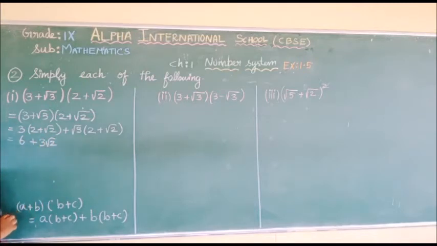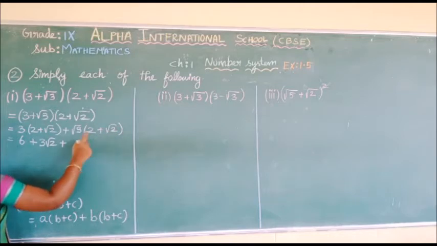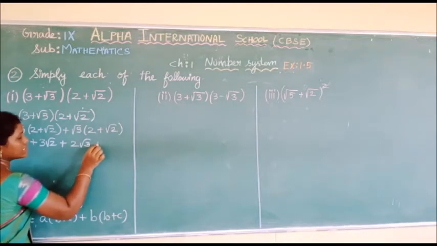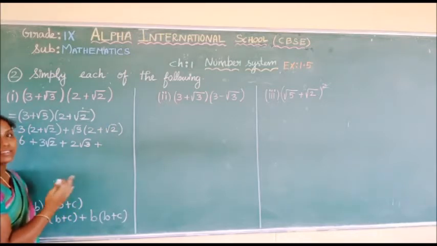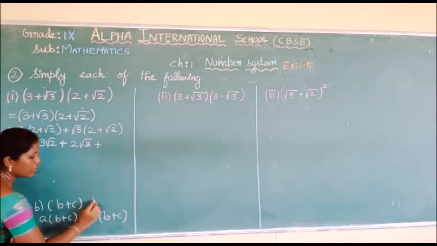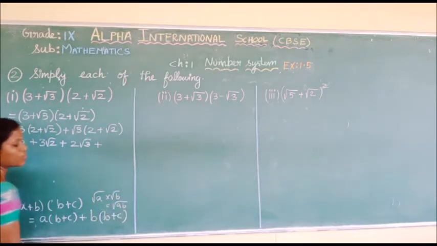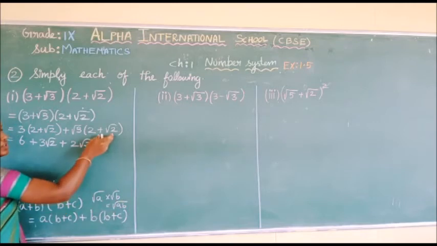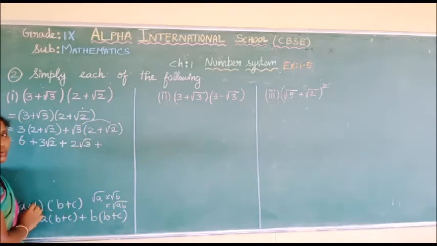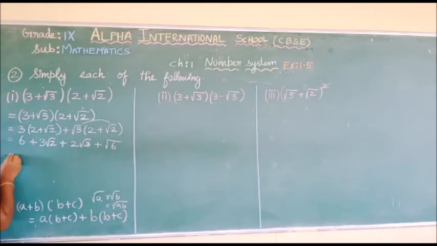Now the next term: root 3 should be multiplied within this bracket. So 2 into root 3 is 2 root 3. 3s are 6.